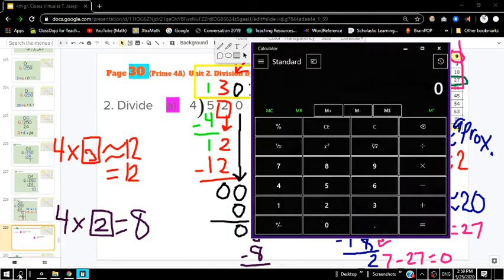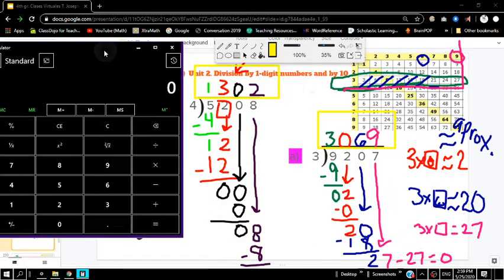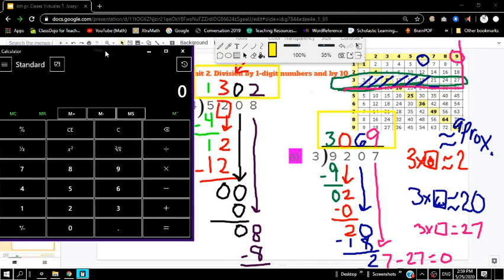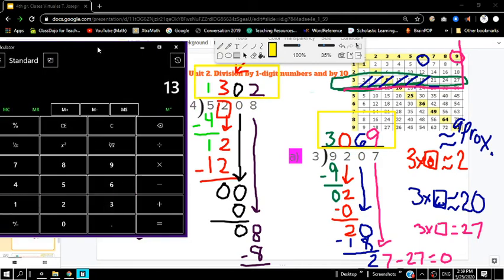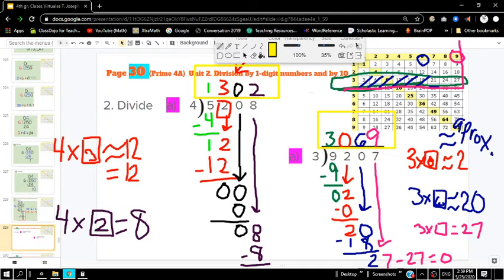I can find the reciprocal, right? So let's do the first problem. Our answer, which is 1,302 times 4 equals 5,208, which is our original number right there. Okay, so we did that one correctly. Let's check the next one.